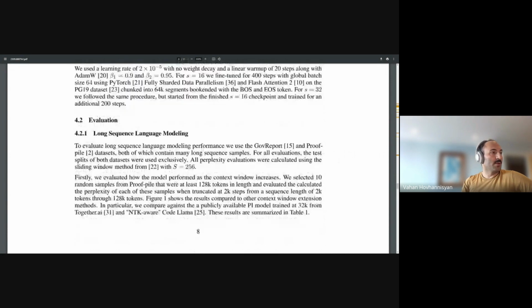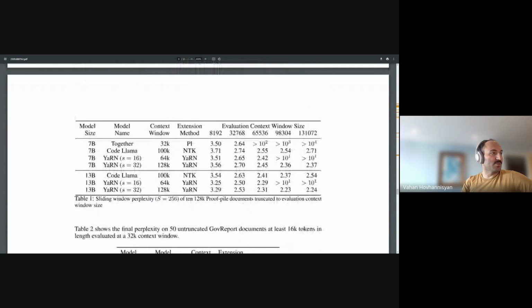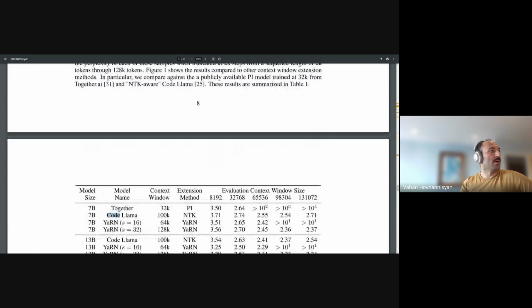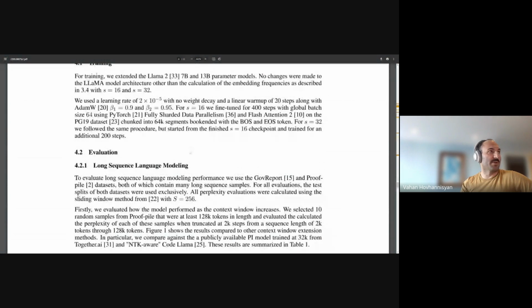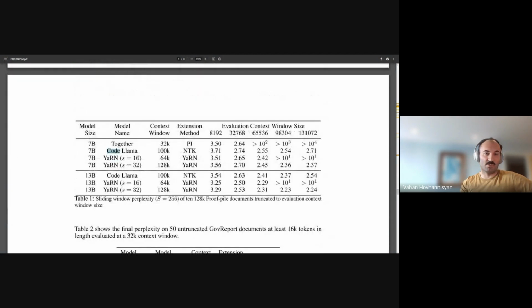Okay. Bit of evaluations. Let's look at the tables. So this is the context window sizes. Together is the 32K Llama 7B. Code Llama is another fine-tuned Llama, with I think 16K, but it extrapolates very well to long sequences.